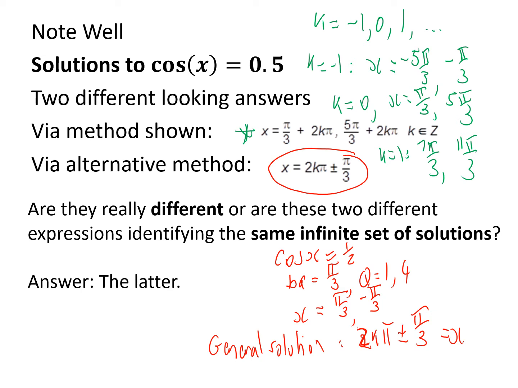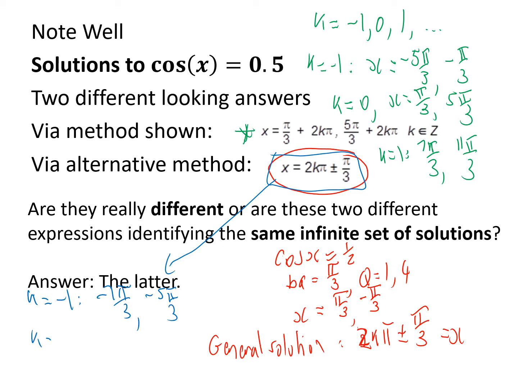Now, let's have a look. Let's grab a different color. Let's have a look at this one over here. Okay, and let's go through the same k values. When k is equal to -1, we've got minus 2 pi minus pi on 3, which is minus 7 pi on 3. And we've got minus 2 pi, that's minus 5 pi on 3.